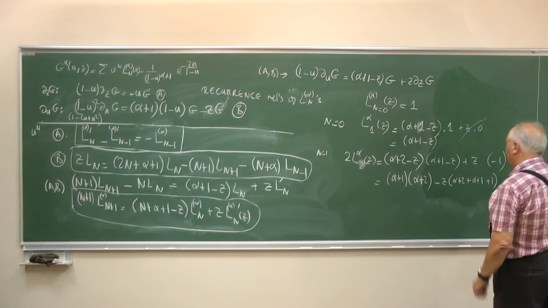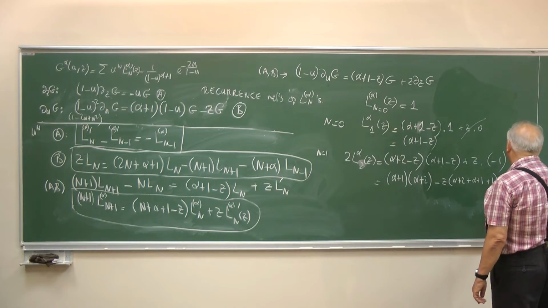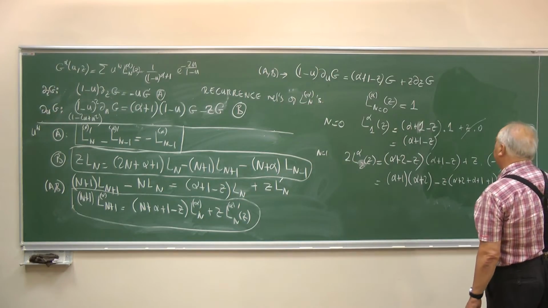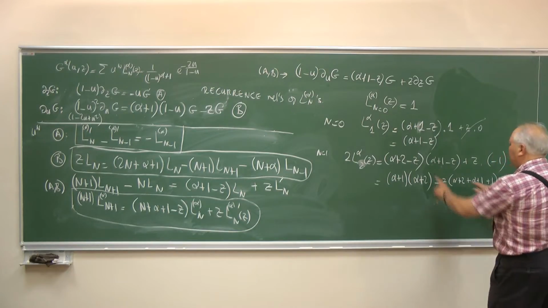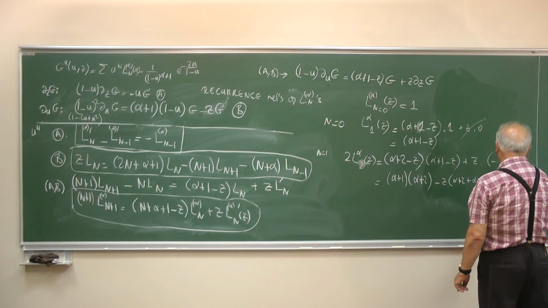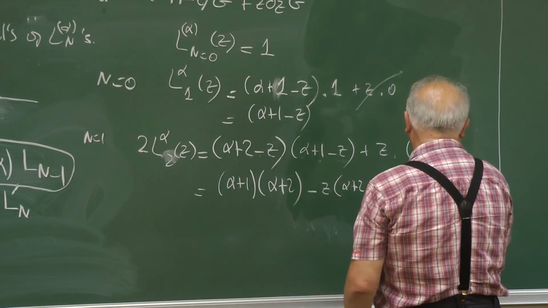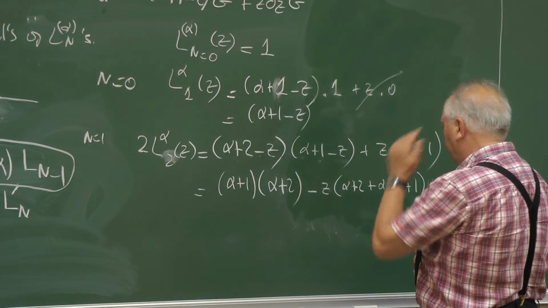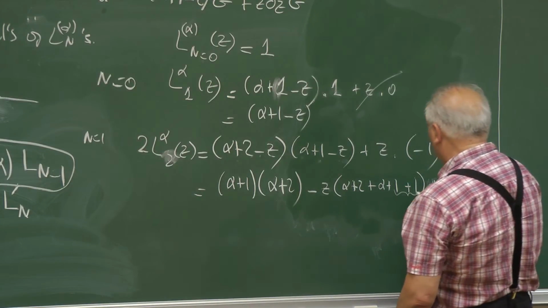All right. Then plus z here minus z square, minus z plus z square. This is also 2, alpha plus 2.